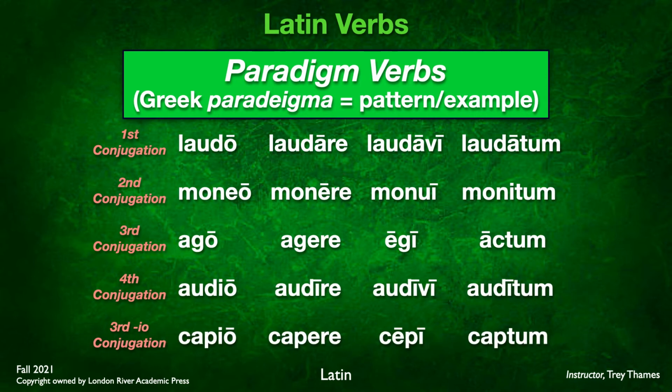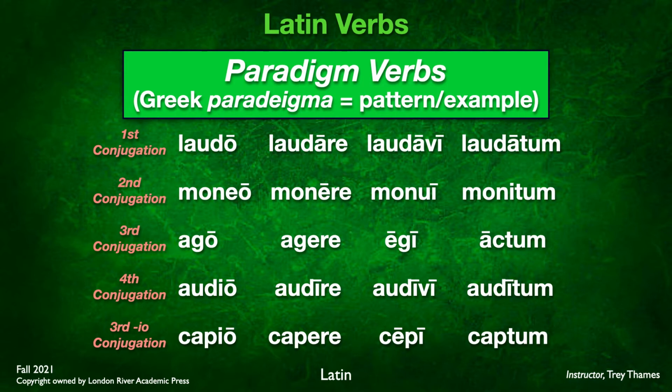We'll have first conjugation, second conjugation, third conjugation, fourth conjugation, and third IO conjugation. Each of the verbs listed on the screen are our paradigm verbs, the examples that we'll use to memorize to help us know how to conjugate each of these groupings. If you know the pattern, then you can conjugate any verb in that category.